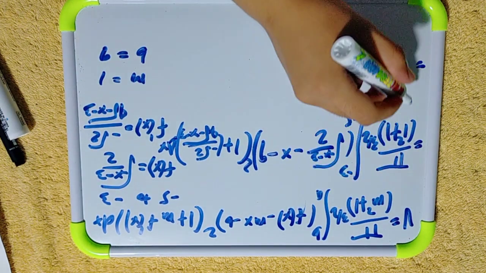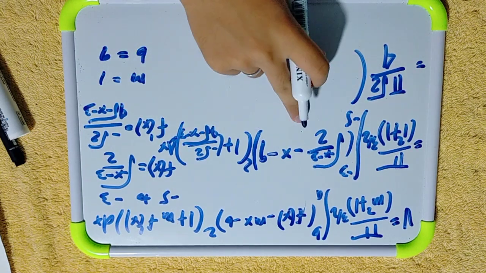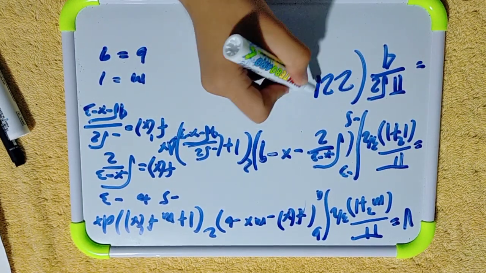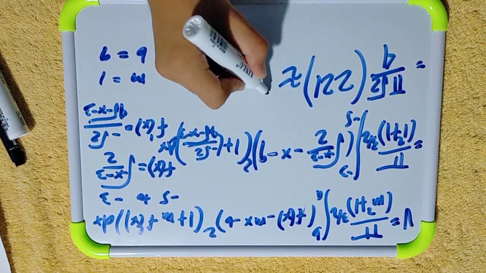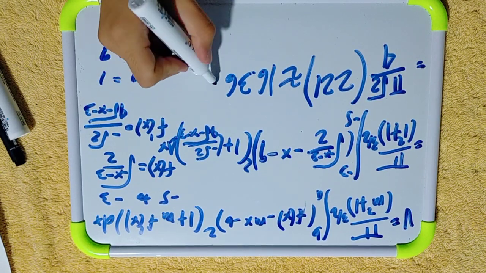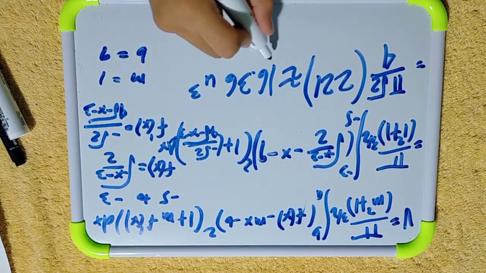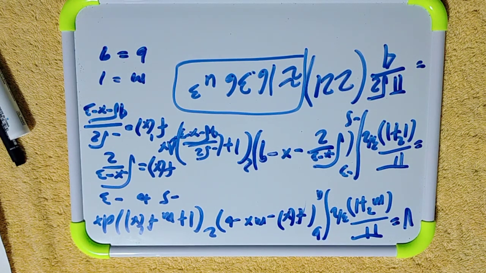Yung sagot natin dito is yun pa din, pi square root of 2 all over 4 times, ang sagot sa integral na to is 221. Kapag minultiply natin siya, ang value is approximately 16.36 units cube. Ito naman ang volume kapag nirotate natin yung bounded area sa x plus 9.